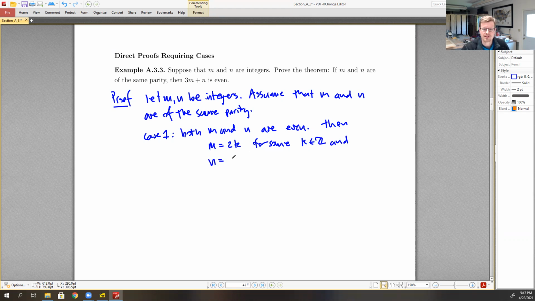And n can be written similarly, 2 times l. Why l? Because we don't want it to be k. If m and n are the same number, then they would both be equal to 2k. But we don't know that they're the same number, so we have to represent them differently. So this is for some integer l.